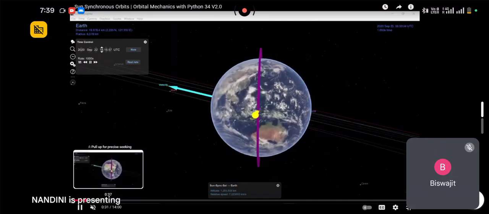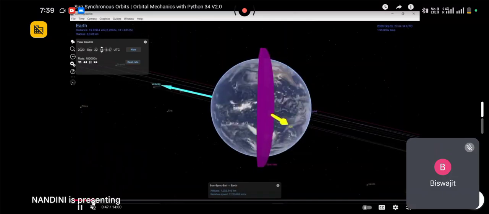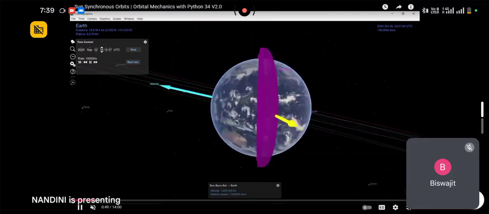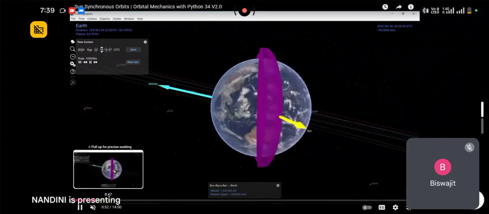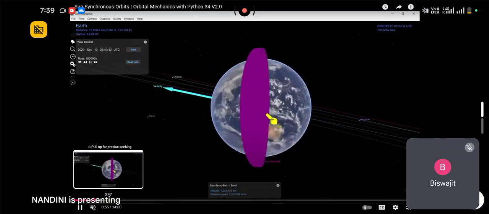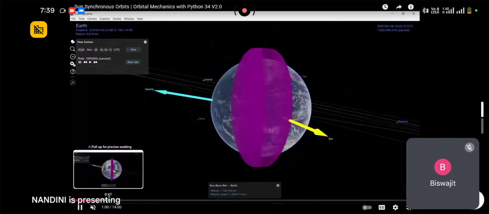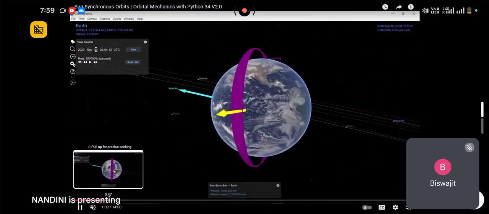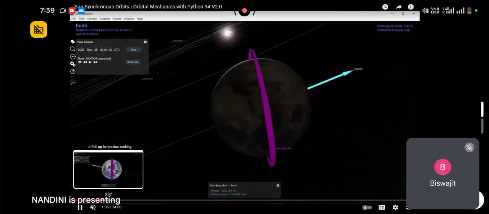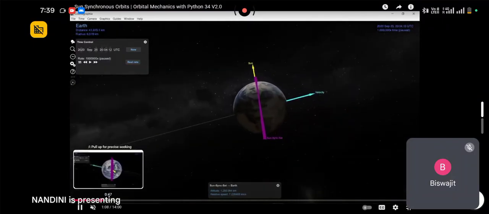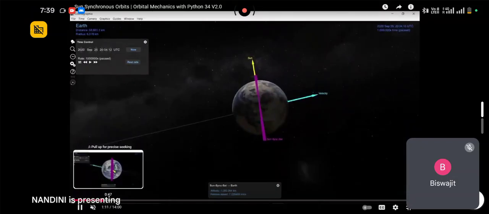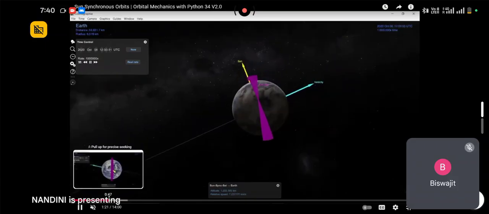This orbit keeps moving. As you can see, that blue line is the area that the satellite is covering. As the Earth is rotating, we will eventually get the full coverage of the Earth. The orbit keeps on changing. It basically moves along with the sun during a day. So that's why we get the measurement at the same latitude at the same local time.